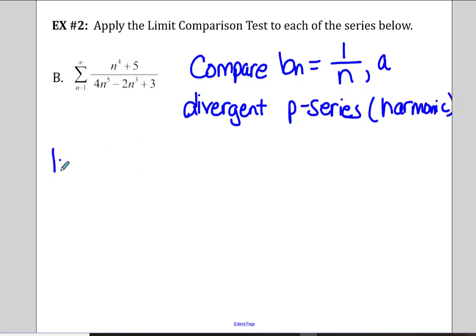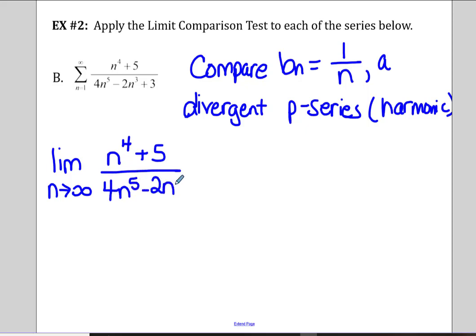So we want to use the limit comparison test, and that says the limit as n approaches infinity of our a sub n, so n to the 4th plus 5 over 4n to the 5th minus 2n cubed plus 3, messy. We're going to divide it by 1 over n, so I'm going to go ahead and show multiplying by the reciprocal.